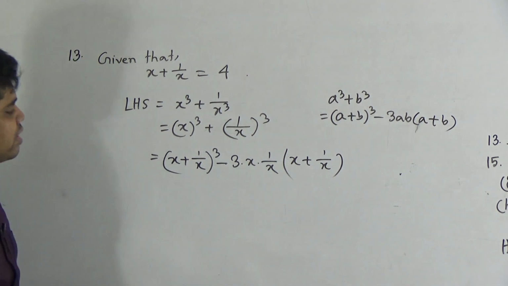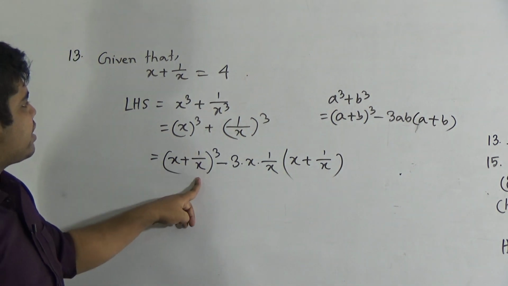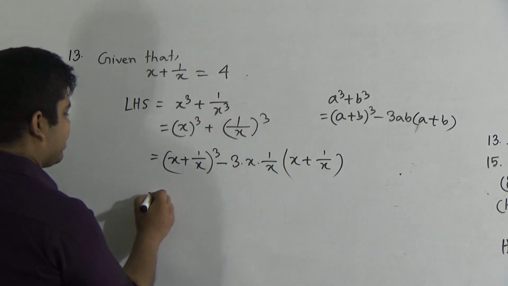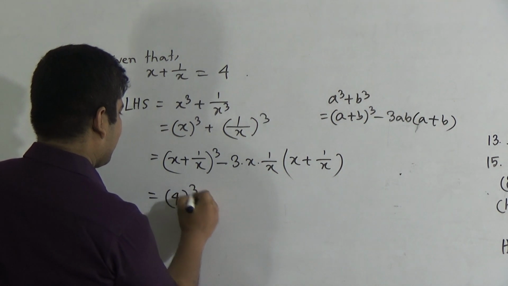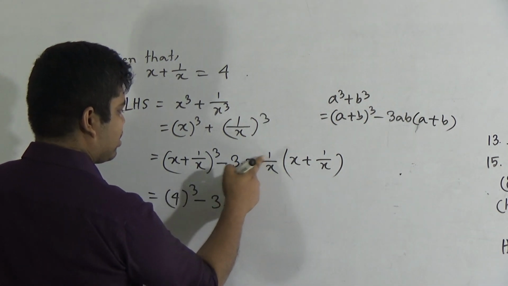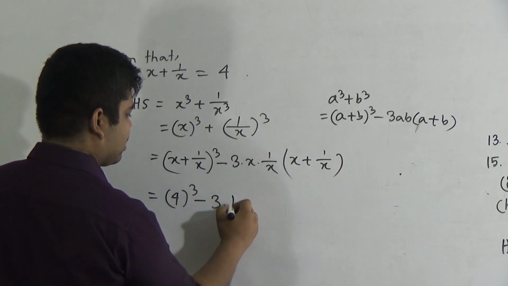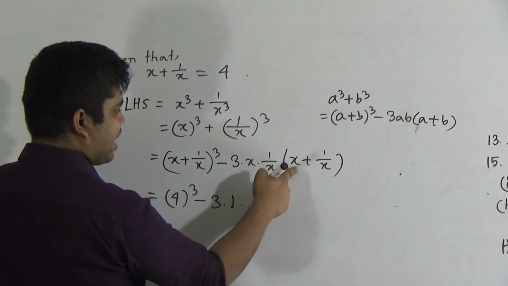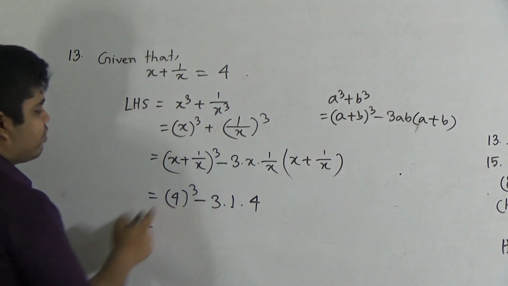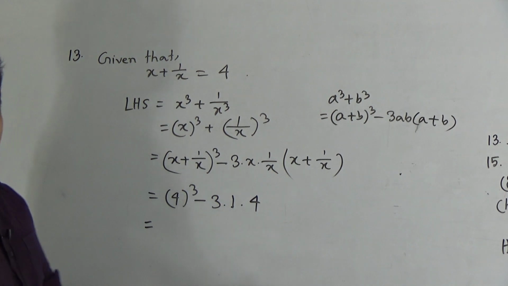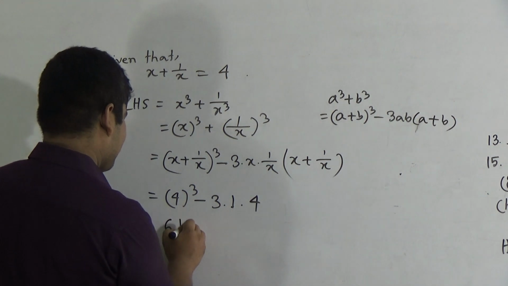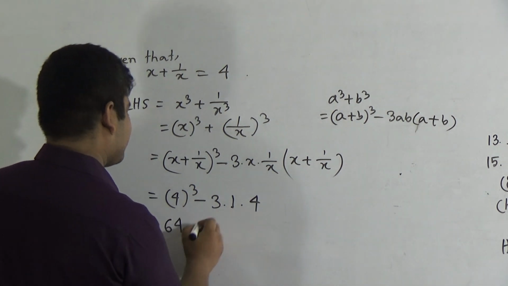Now we put the value of x plus 1 by x, because it is given, which is 4. Now we write 4 cube minus 3 into 1 into x plus 1 by x, and the value of x plus 1 by x is 4. Now 4 cube means we multiply 4 three times. 4 fours are 16, 16 fours are 64, and 3 ones are 3, 3 fours are 12.